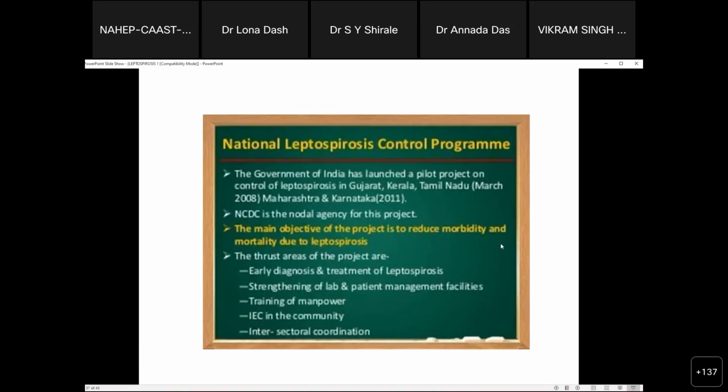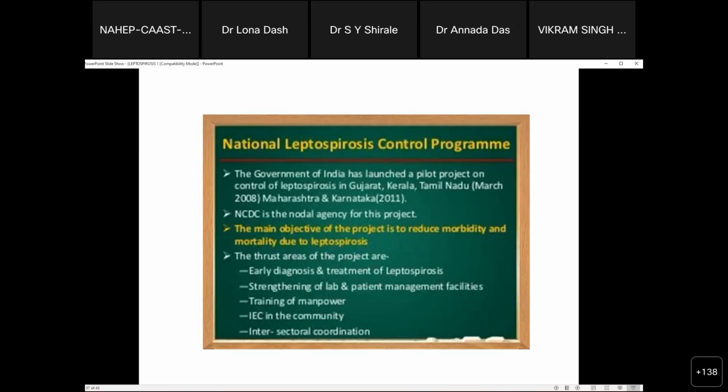The National Leptospirosis Control Program of the Government of India, with the nodal body being the National Center for Disease Control or NCDC at Delhi, has also rolled out the National Leptospirosis Control Program, and the pilot study project was rolled out in 2008 and 2011 for the various states of Gujarat, Kerala, Tamil Nadu, Maharashtra, and Karnataka. It has been found to be very useful, and the objective of the project was to reduce morbidity and mortality due to leptospirosis.